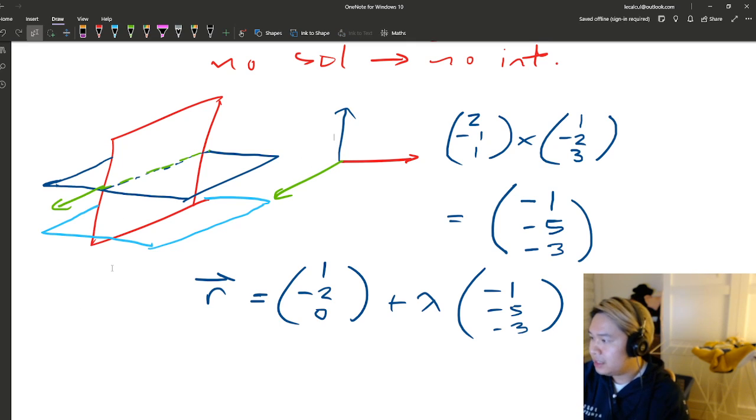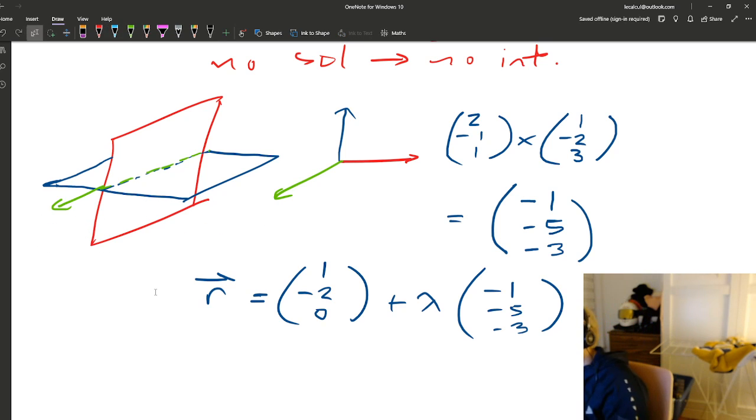The other situation, which was what I drew, and this one's kind of hard to do in 3D, but basically it intersects them both. Yeah, this is hard to draw.